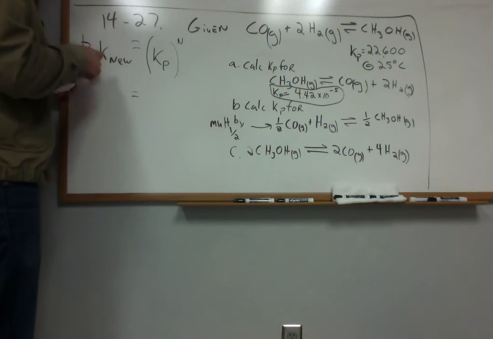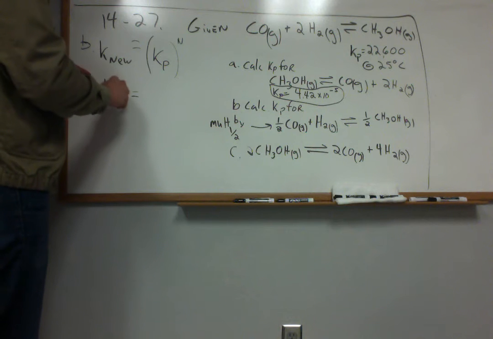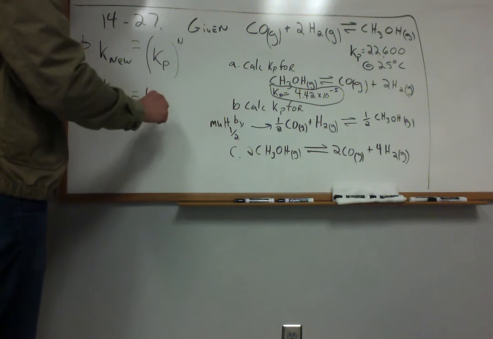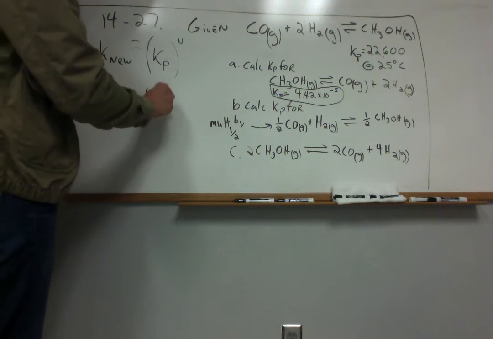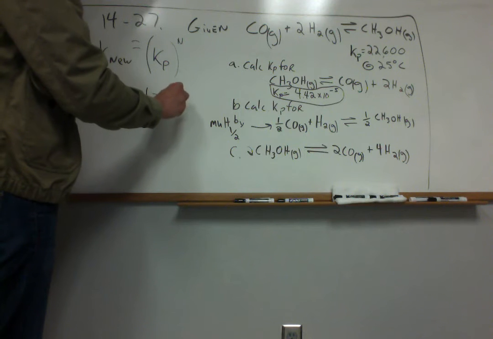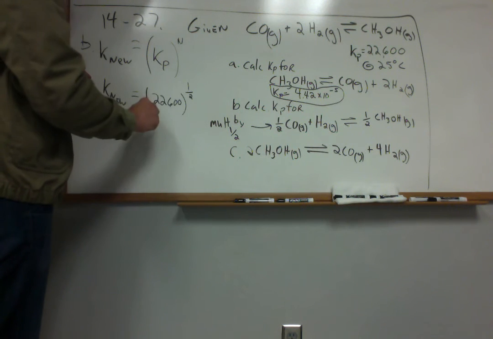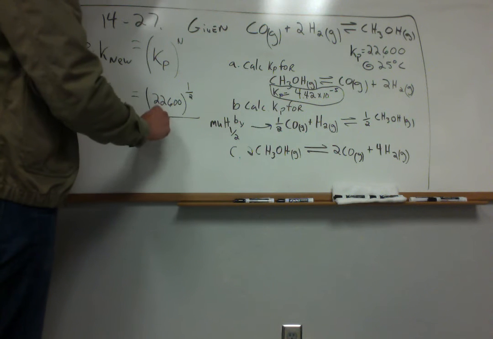So basically what this equation tells me to do, if I want to figure out the answer to part B, get my new Kp value, I have to take my original number, which was 22,600, and multiply that to the 1/2 power, which is basically the same as taking the square root.